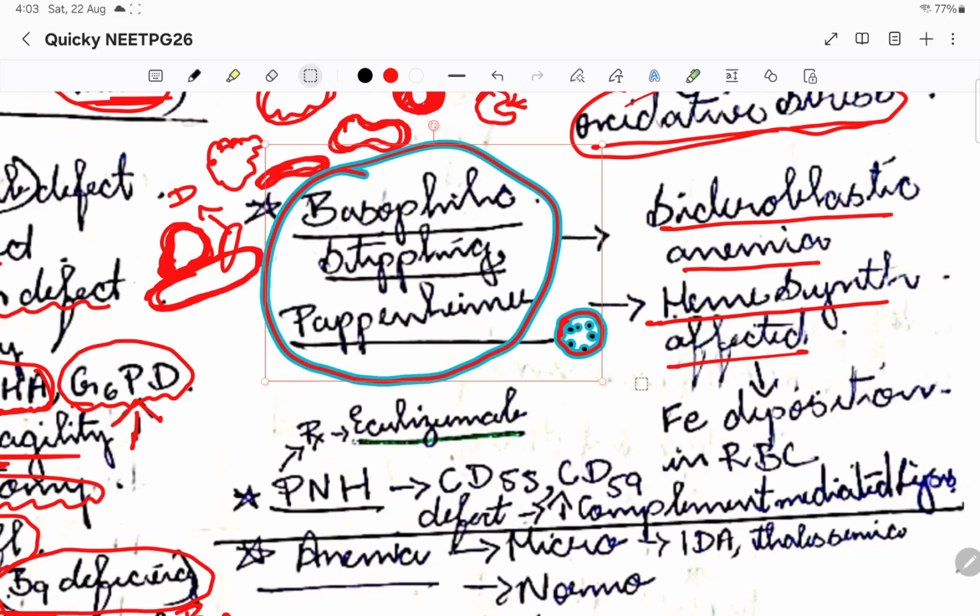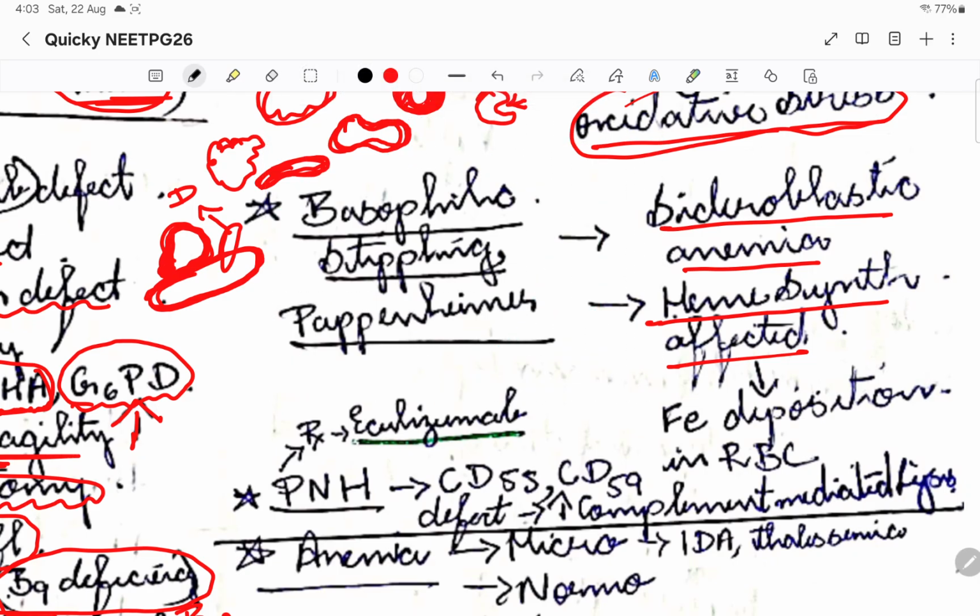In the synthesis of heme, ferrochelatase and these enzymes are important, but lead damages ferrochelatase and will inhibit the formation of heme. So this is the same thing. What happens is lead destroys this and heme will start accumulating inside the RBC without forming a proper structure. That is why this basophilic stippling will be seen.